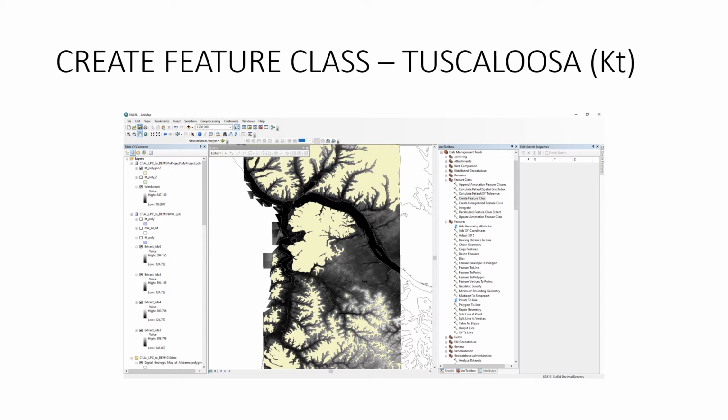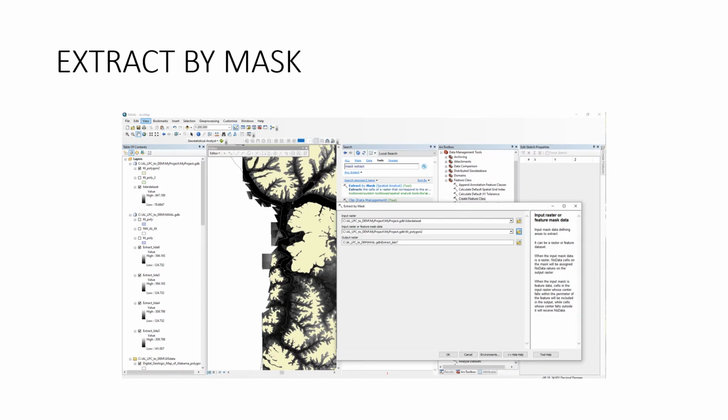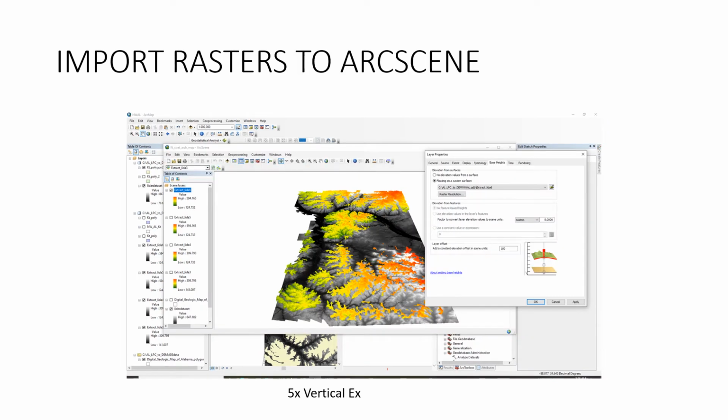They had mapped out the contacts and have geospatial data on their website. So we went back and mapped these contact units in this feature class to create these polygons. And from that, you can extract by mask from the raster that we created from the LiDAR data, to create our own elevation models of these different units.